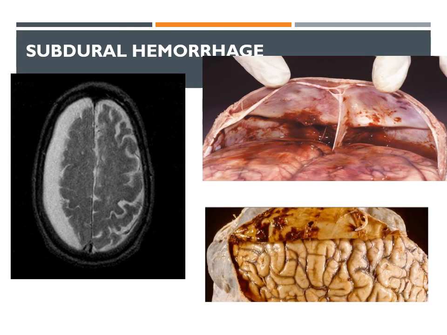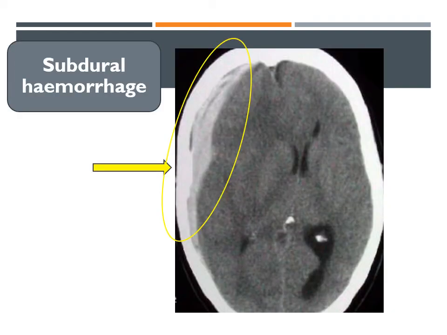In this CT scan to the left side, there is subdural hemorrhage, which appeared as thin layer of bleeding taking white shadow on the brain substance. This is its shape, thin film on the brain substance, subdural hemorrhage.